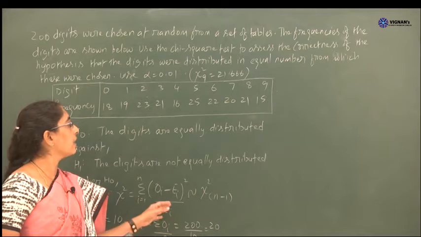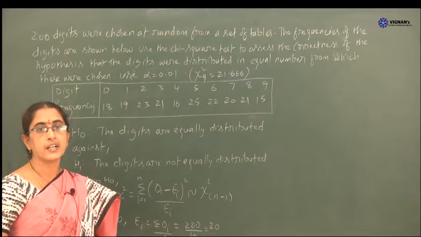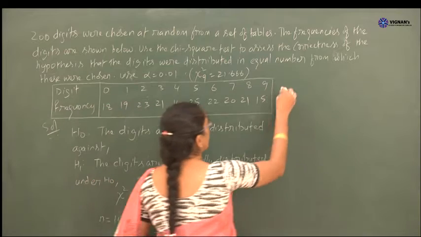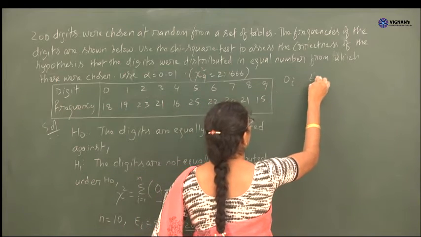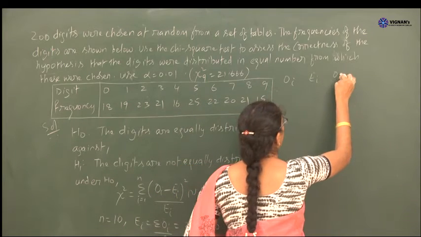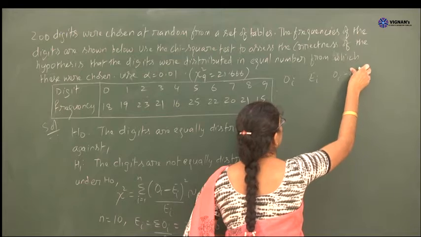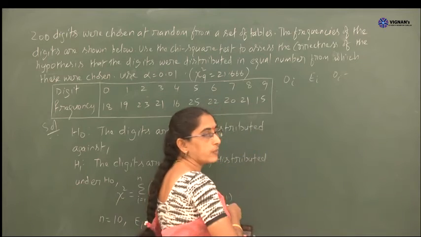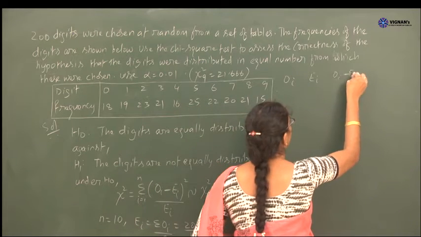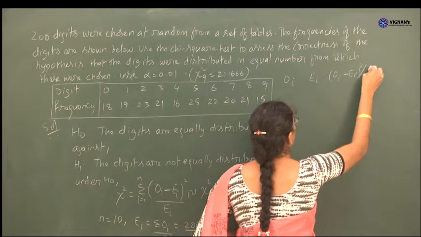Now for the calculated value of chi-square we have to make a tabular form. So consider observed, expected and observed minus expected. Directly here we can write 20, or else we write down the formula by Ei.